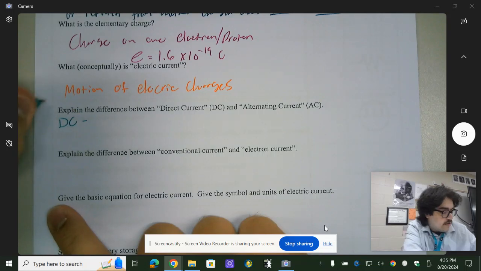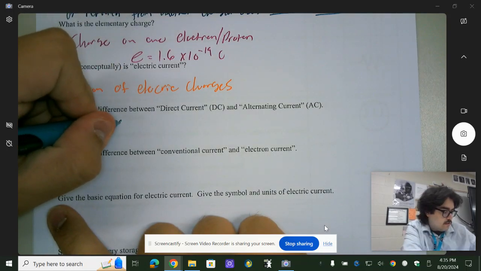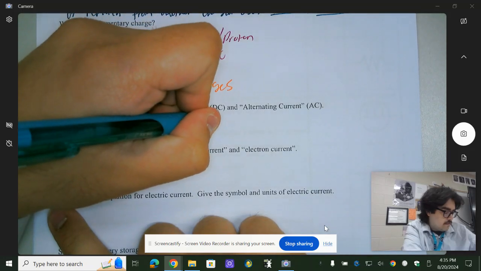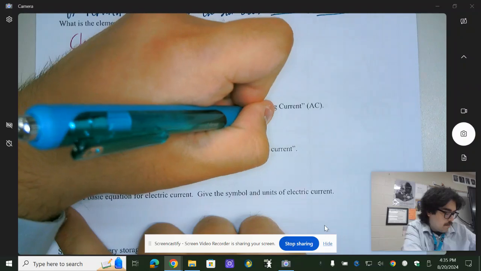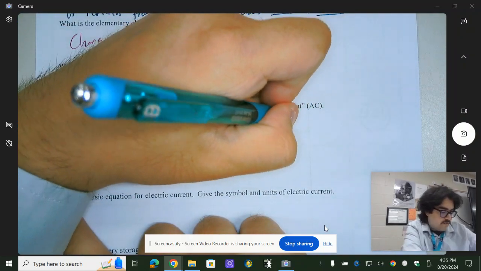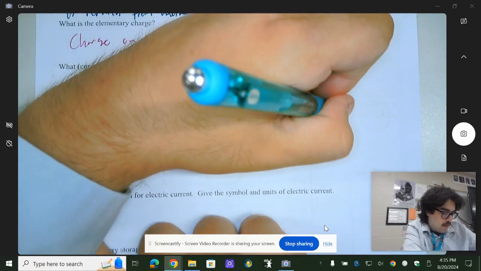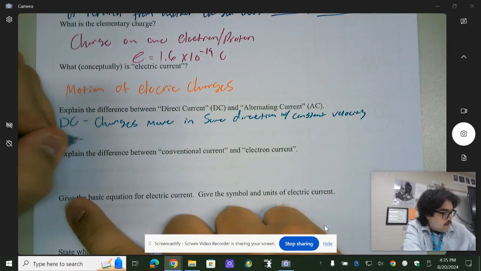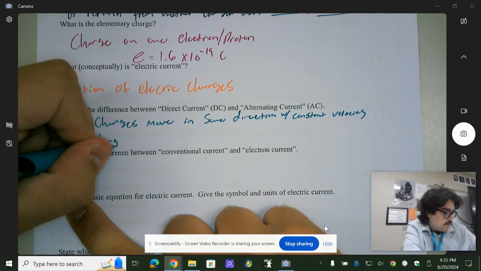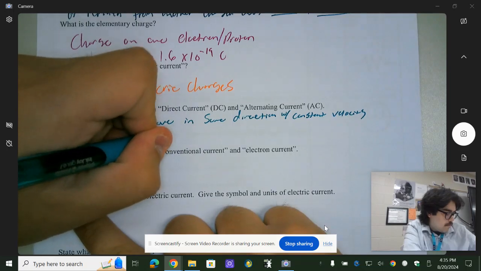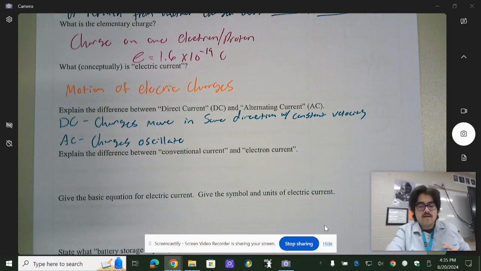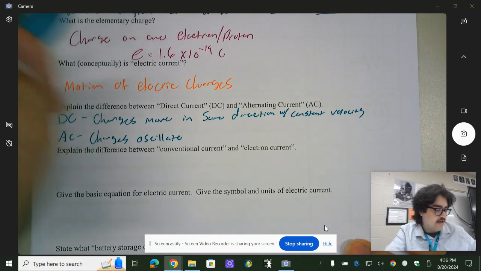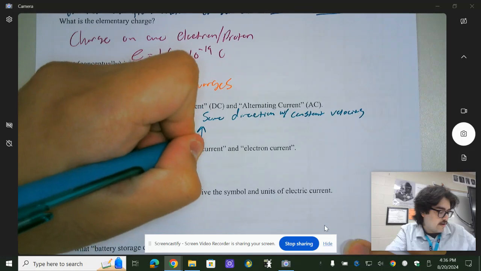DC is direct current, and that means that charges move in the same direction with constant velocity. AC means the charges oscillate. If you were to graph current versus time for either case, we'll draw the AC one right now.